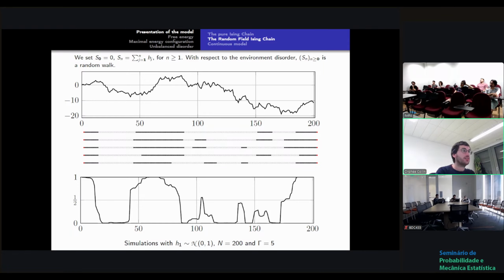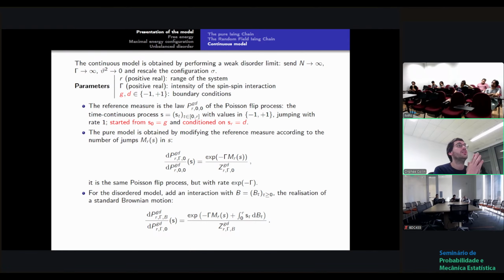And now a last definition is a continuous model, which is quite interesting because for this continuous model, some computations are possible. Some quantities can be computed explicitly. And in fact, this continuous model is obtained from the random field Ising chain by performing a weak disorder limit.